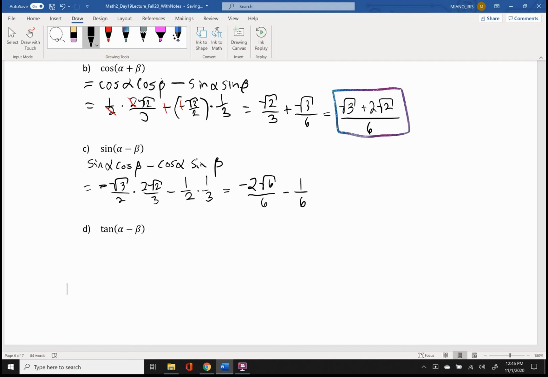So make it all over one particular 6 and change the positions of the numerator values for whatever reason. That seems to be the convention, and that'll give you your final answer here.